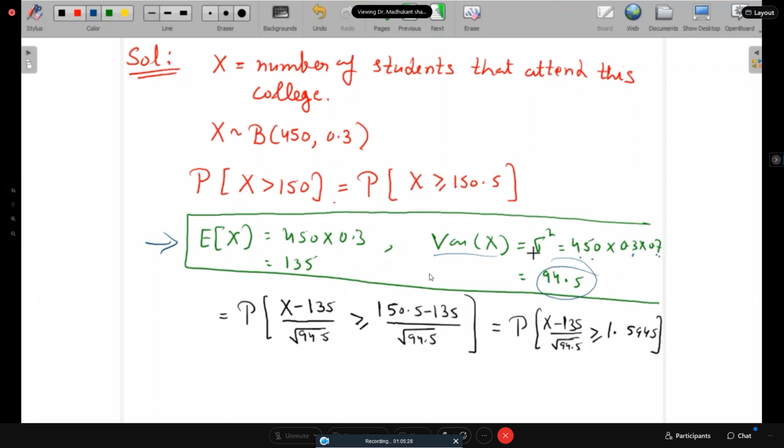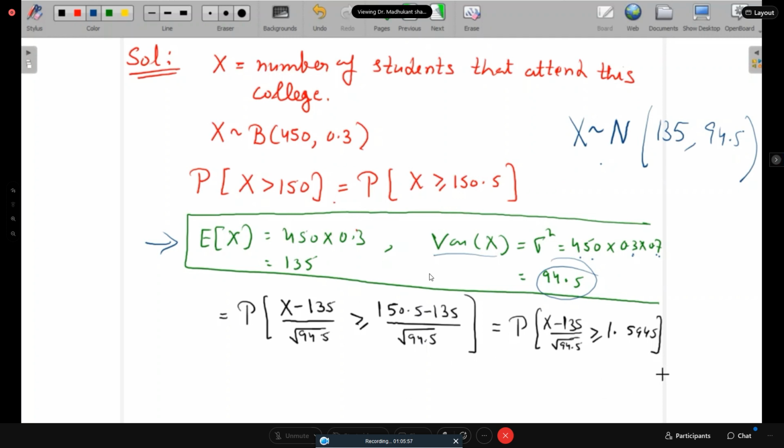Now you have the information that the expectation of X is 135 and the variance is 94.5. So you are approximating X as normal with mean 135 and variance 94.5. Make it a standard normal random variable, (X minus 135) divided by the square root of 94.5, and use that fact.